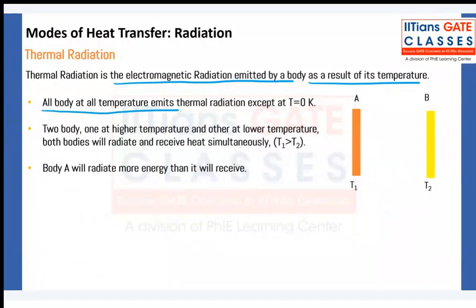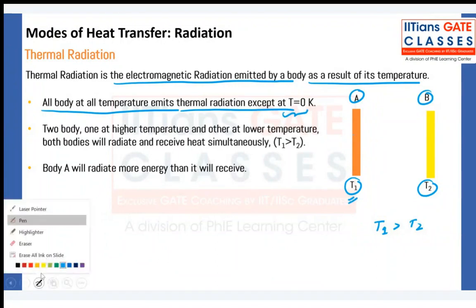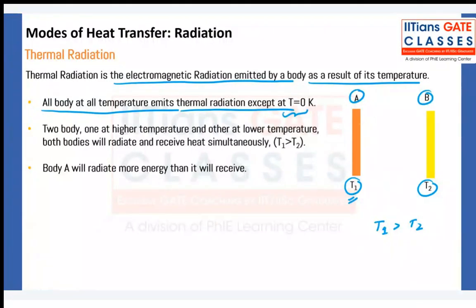That means if we have two bodies, body A and body B, at T1 and T2 temperatures, and let me assume T1 is higher than T2. Because body A is at T1, which is higher than 0 Kelvin, it will radiate heat, emission radiations.